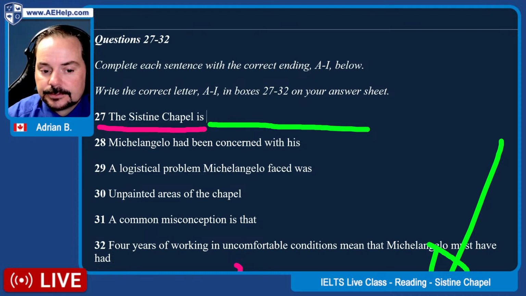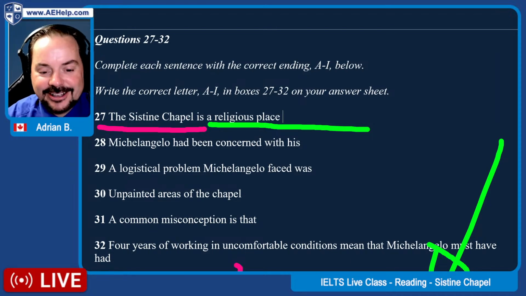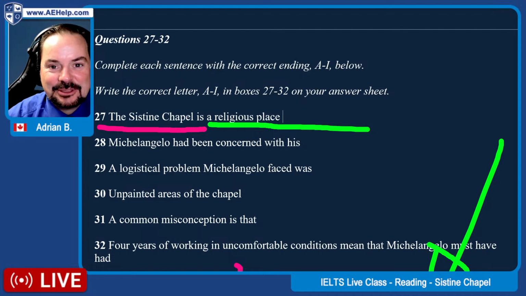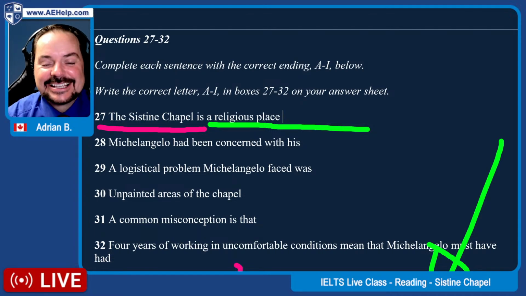It is a religious place to, for painting. Okay, forget the painting, Fuang. Stop it with the painting. So the Sistine Chapel is a religious place, yes. Where is this religious place?